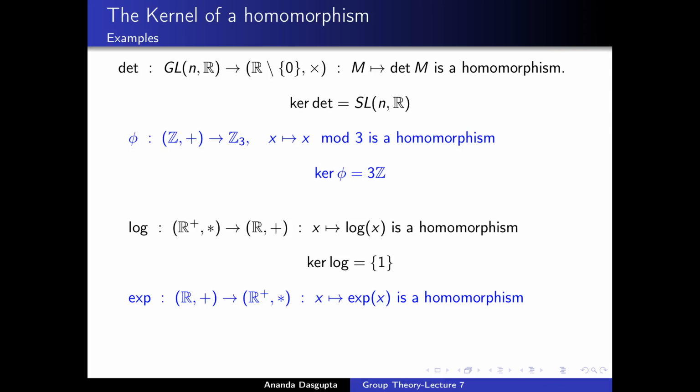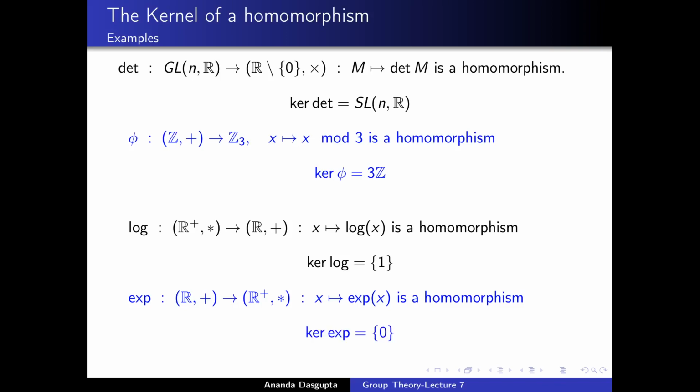So all you are doing is asking yourself which element exponentiates to 1. And there is only one such element, which is 0. So the kernel of the exponential map happens to be again a singleton set with a single element, again the identity element of the first group. In this case, of course, the first group is different and its identity element is just the number 0.